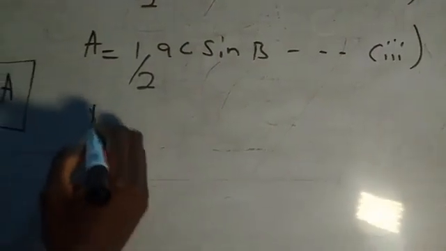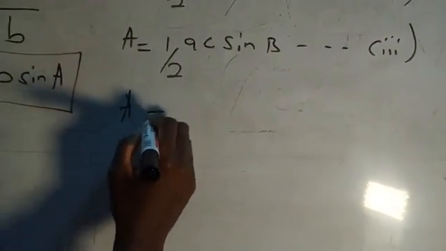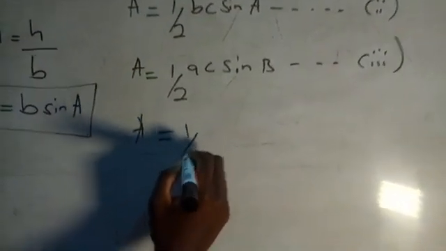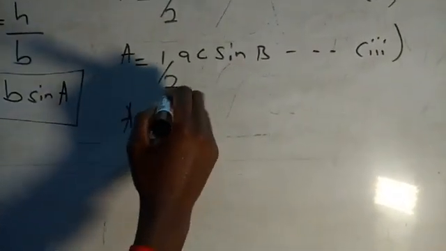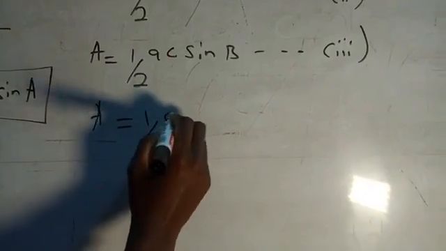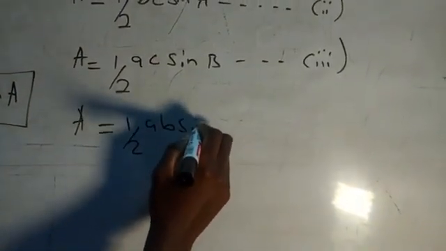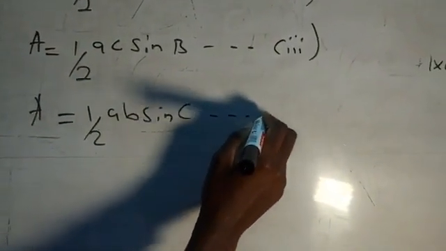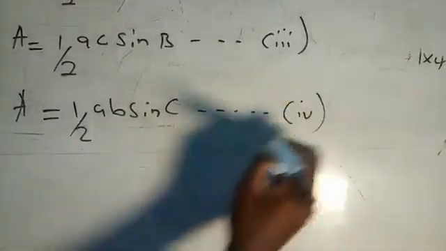The same also becomes area equaling a half AB sine C, as well becoming equation 4.